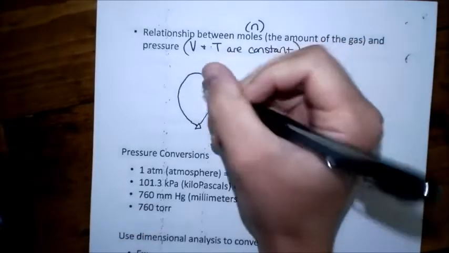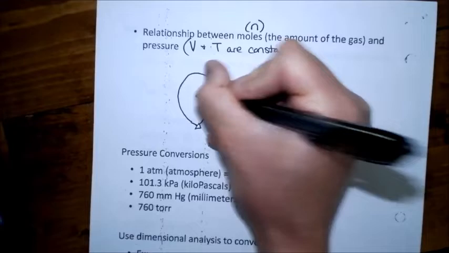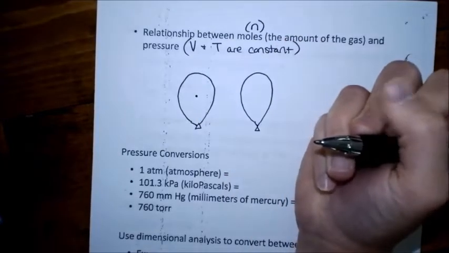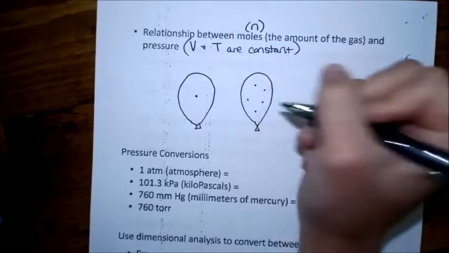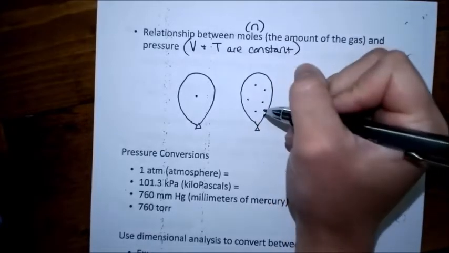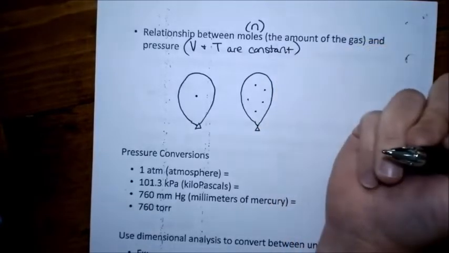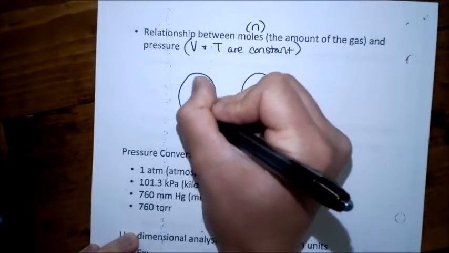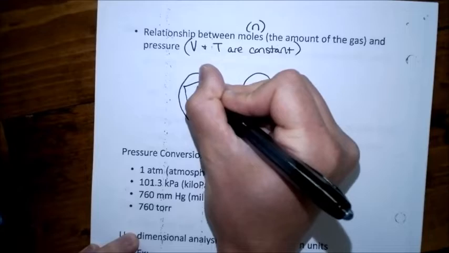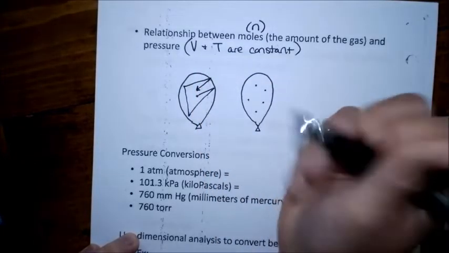And in one balloon, we're just going to draw one dot. And in the other balloon, we're going to draw several dots to represent that there's more gas, more moles of gas in this second balloon. So if we were to measure the path of this gas molecule for about 5 seconds, that's how far it got.